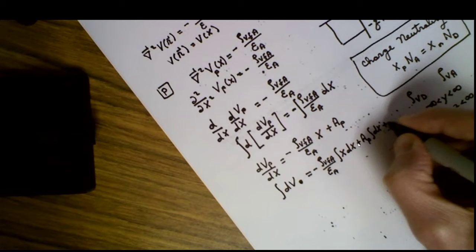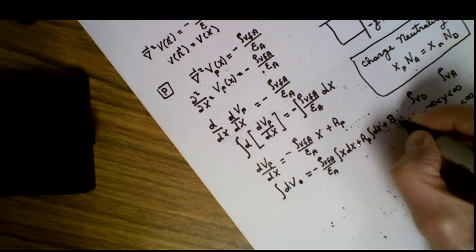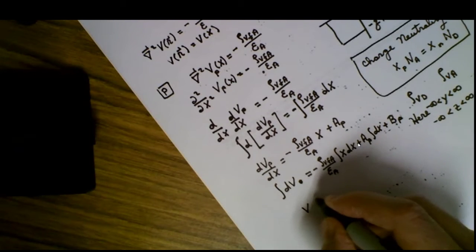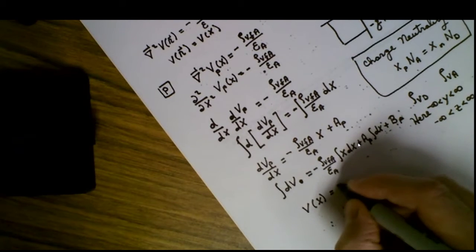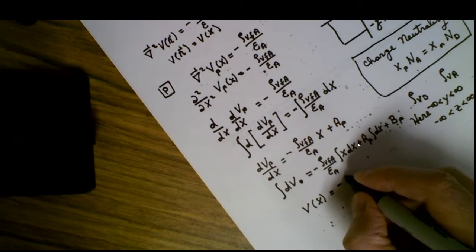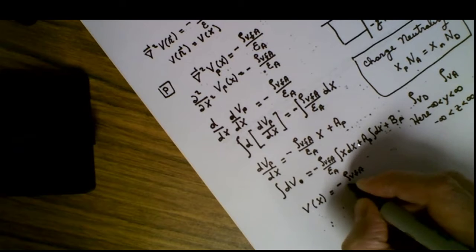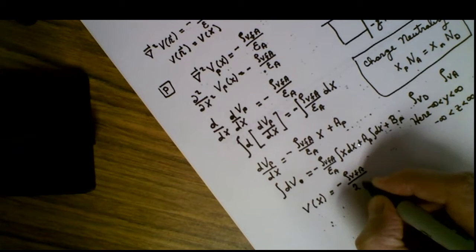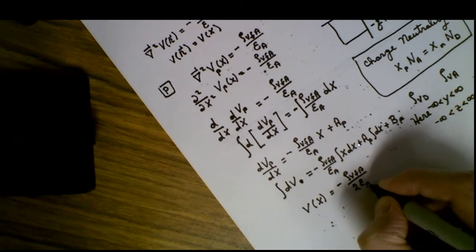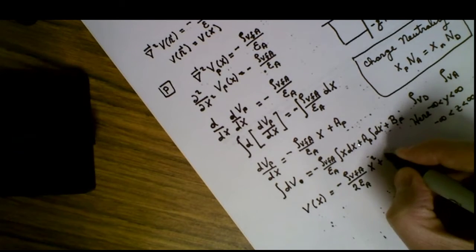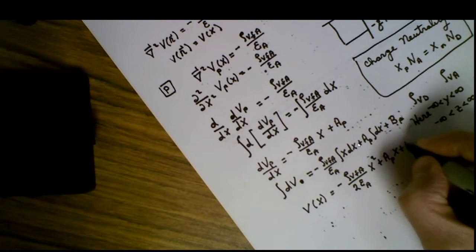Plus a constant of integration, which we will identify as B sub P. And this is going to give rise to the potential function of x, which is equal to minus our volume charge density divided by 2 times the permittivity epsilon sub A times x squared plus A sub P times x plus B sub P.